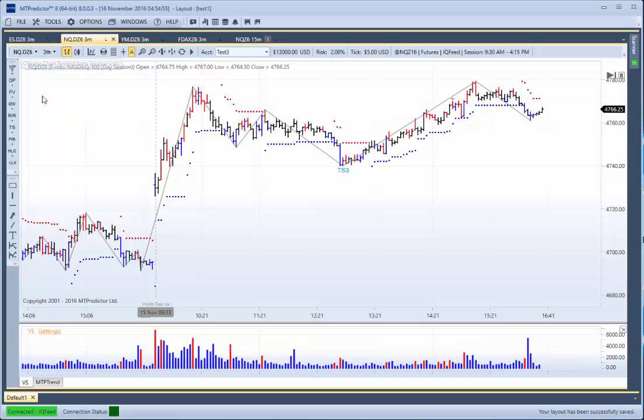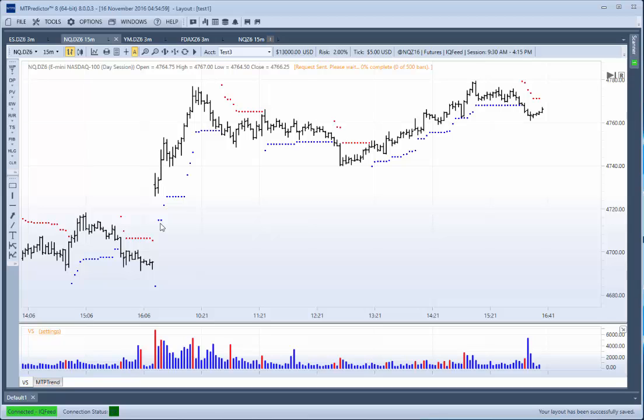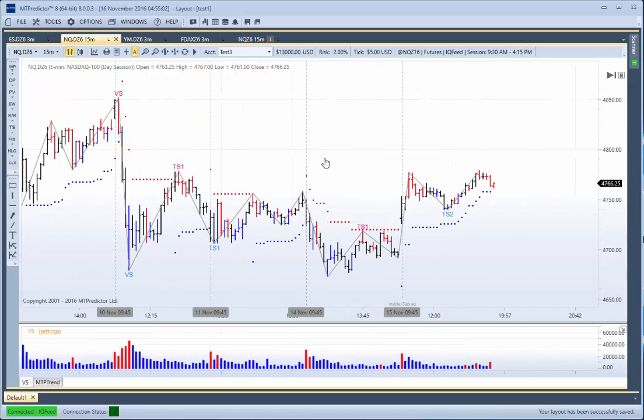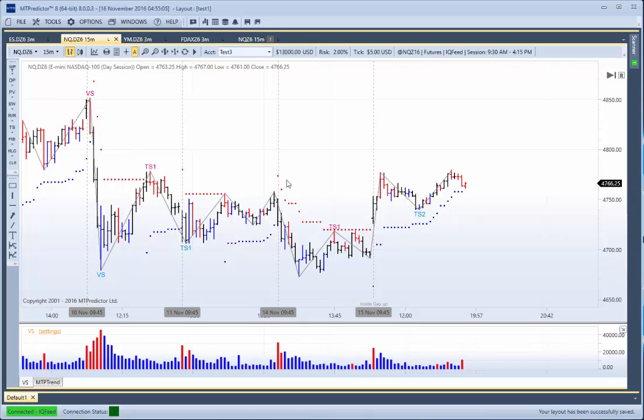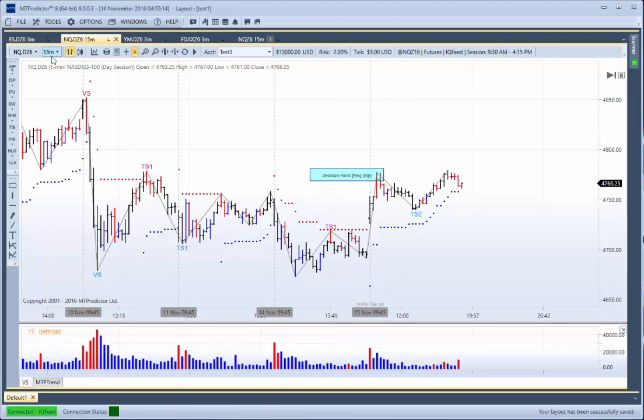It was on the NQ, and what I was looking at was, I first went out to a 15-minute chart and I placed a DP on the last pivot high, on this swing high here. So I was looking at this to be large term resistance.